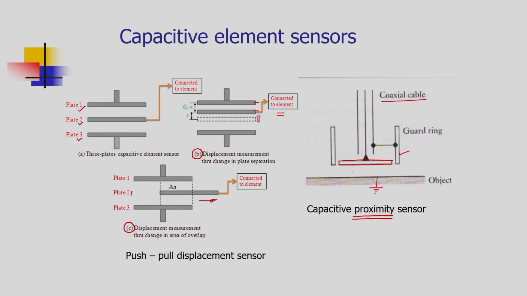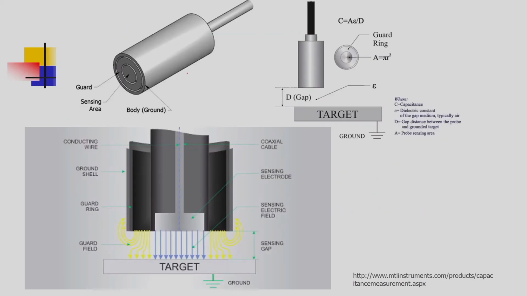They are mounted on the front side of the automated guided vehicles. When this plate comes in the proximity or vicinity of an object, it produces a signal and that signal will stop that vehicle.